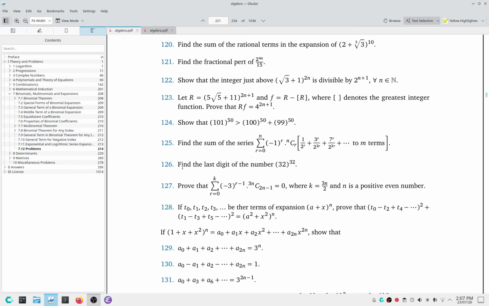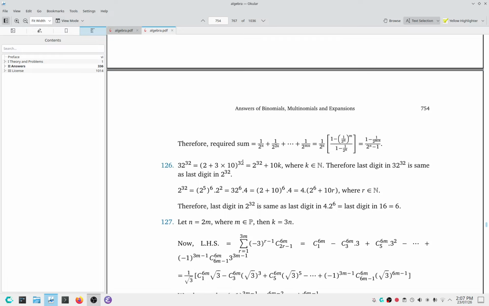Question 126 says that find the last digit of the number 32 to the power 32. So we write this as (2 plus 3 times 10) to the power 32, that is 2 to the power 32 plus 10k. Therefore, the last digit in 32 to the power 32 is the same as the last digit in 2 to the power 32.